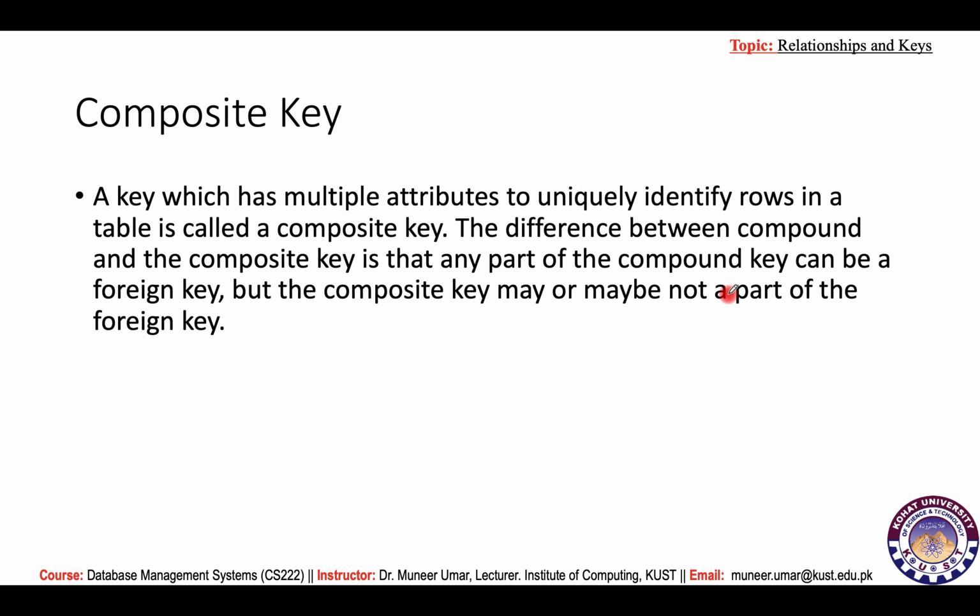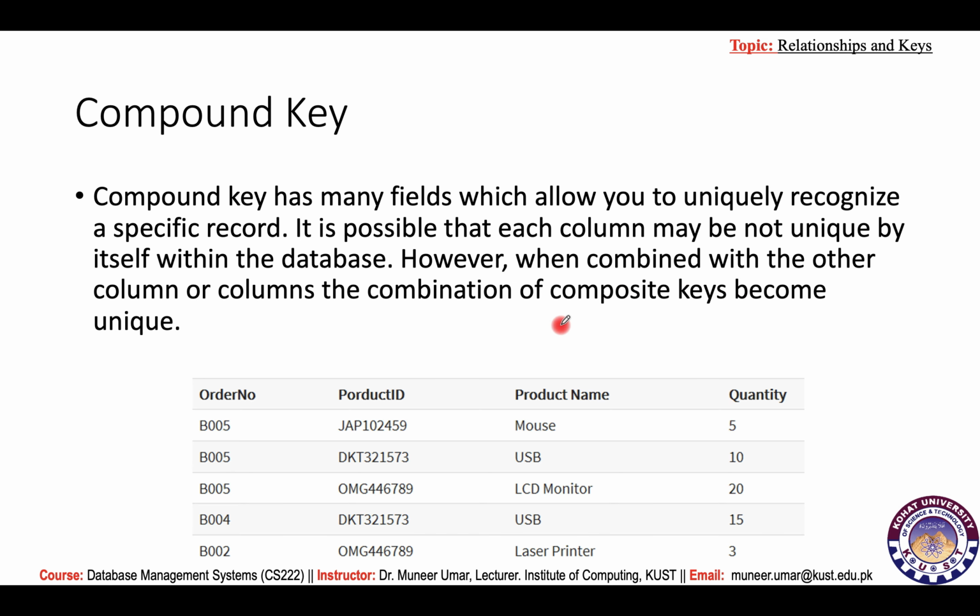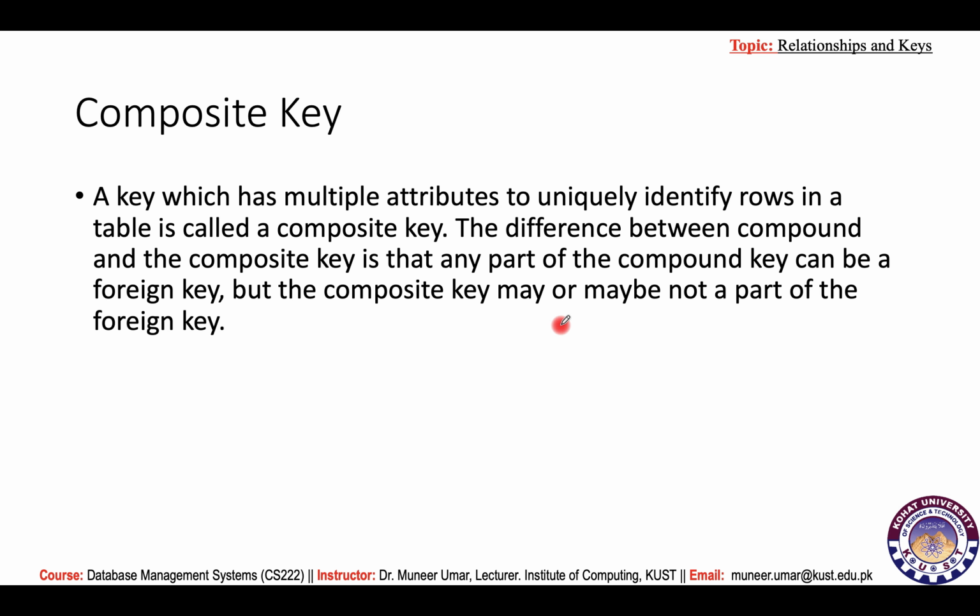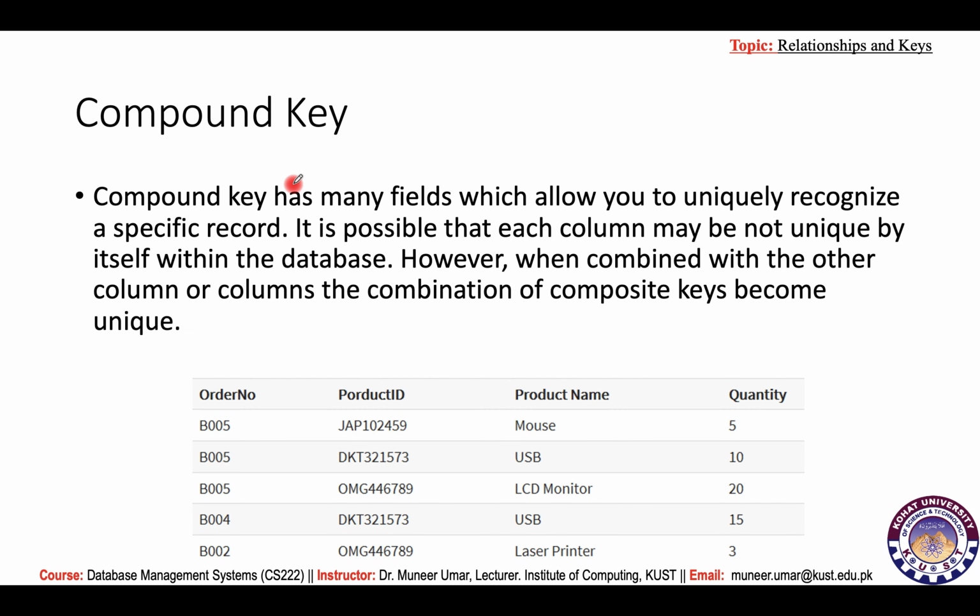Next we have compound and composite keys. There is a minor difference between compound and composite keys. Both are the combination of two or more attributes in a table.